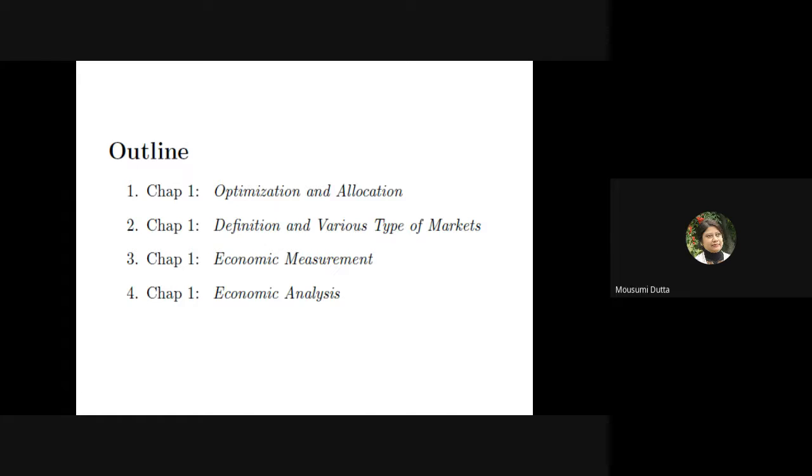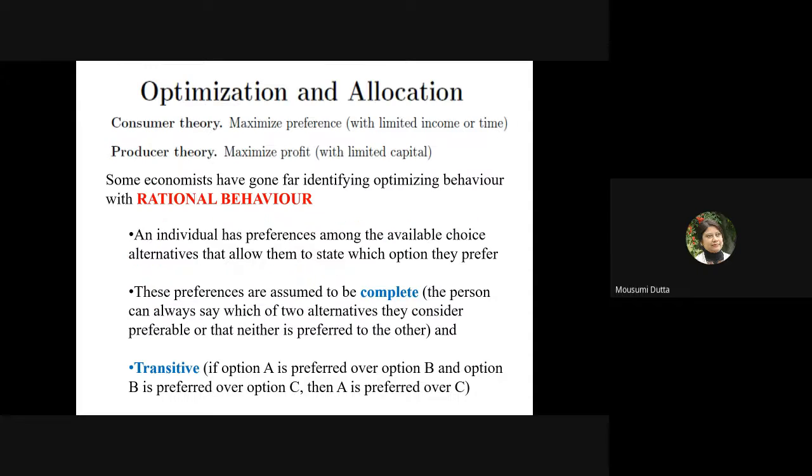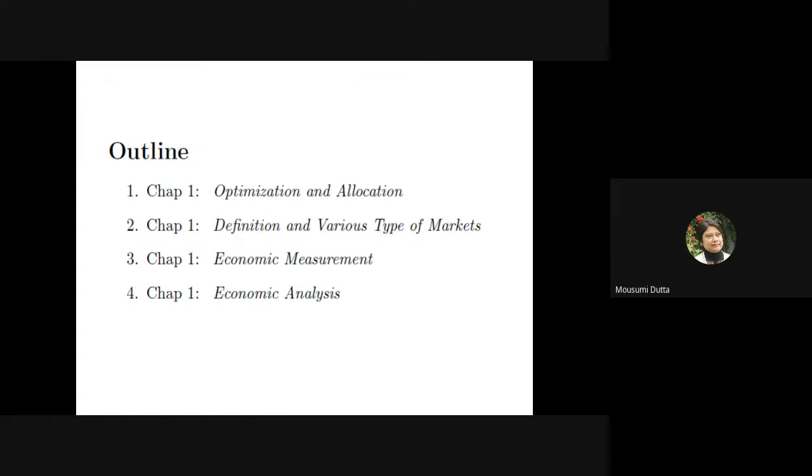introductory microeconomics 1. So last day, I started to tell you something about optimization and allocation. Before that, I mentioned that in the context of economics, we are dividing things broadly into two parts, microeconomics and macroeconomics. Microeconomics is focusing on the individual unit.